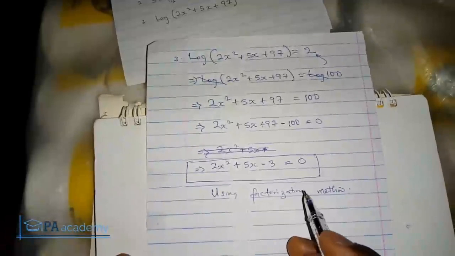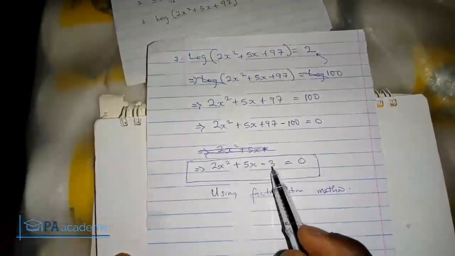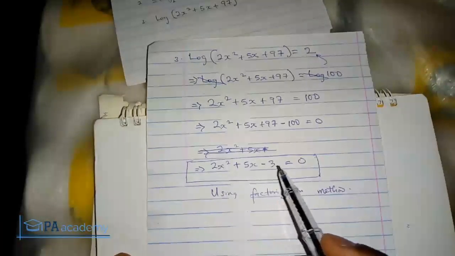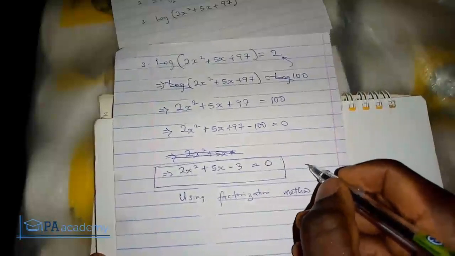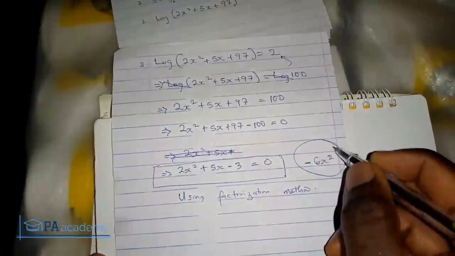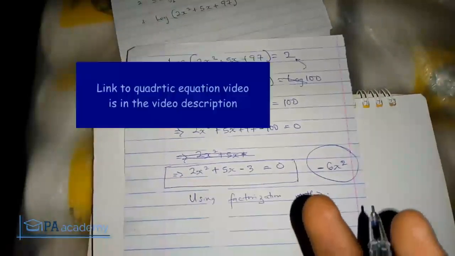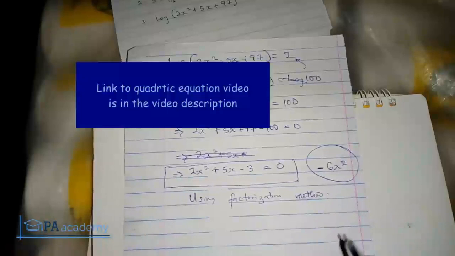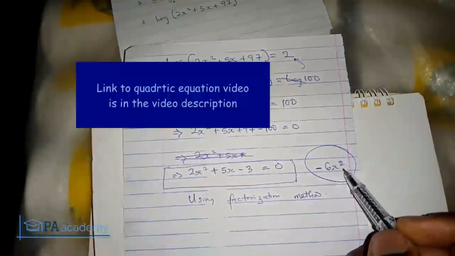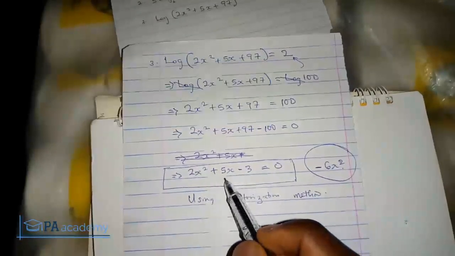When using the factorization method, we have 2x squared and minus 3. Once we multiply 2x squared by minus 3, we'll have minus 6x squared. Now, we are going to look for two numbers which, when we multiply them, give us minus 6x squared, and when we add them together, give us plus 5x.